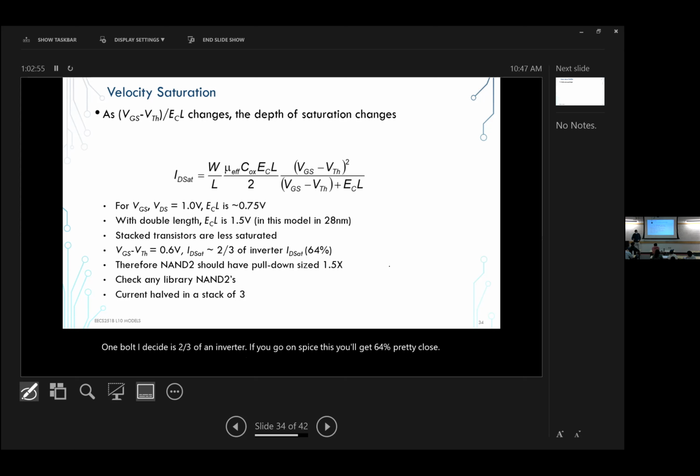So therefore, in order to make a NAND 2 match the current of an inverter, this is how it should be sized.